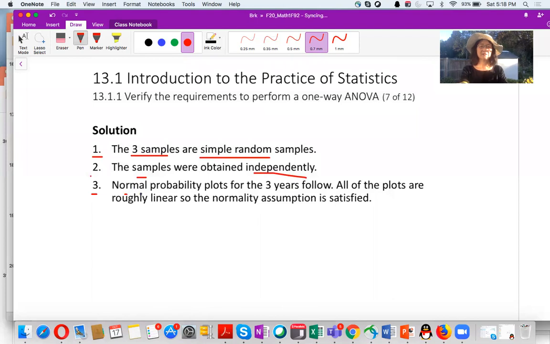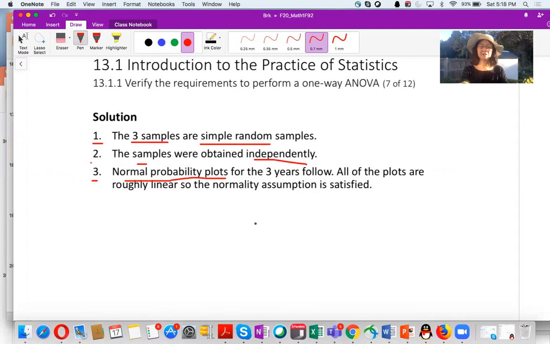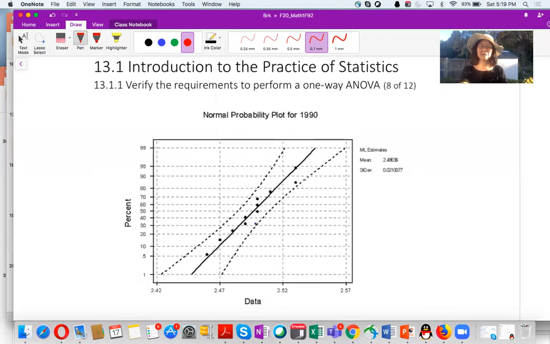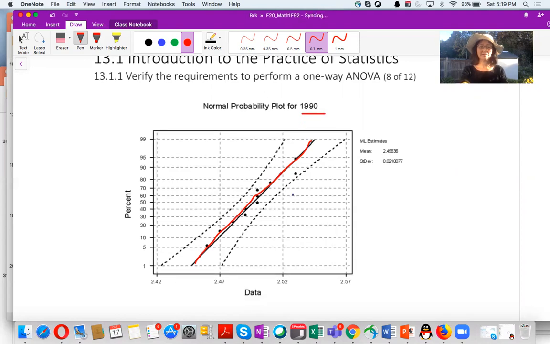3, the normal probability plots for those 3 years are here. This is for year 1990. The normal probability plot is roughly along the straight line. That means normality is met.